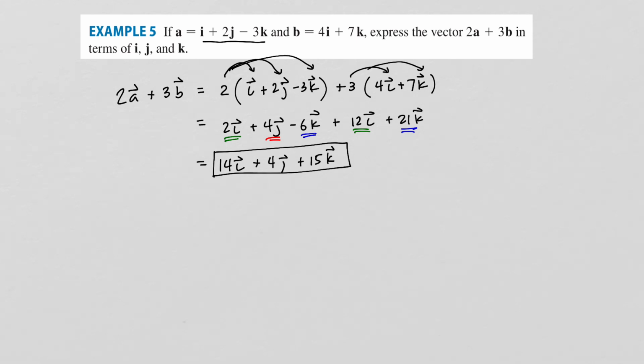The other way to do this would be to simply rewrite the vector a as the vector 1, 2, negative 3, and rewrite the vector b as the vector, it's 4i, right? And it's 0j and 7k. And then we can do 2 times a plus 3 times b, the same way that we did it before.